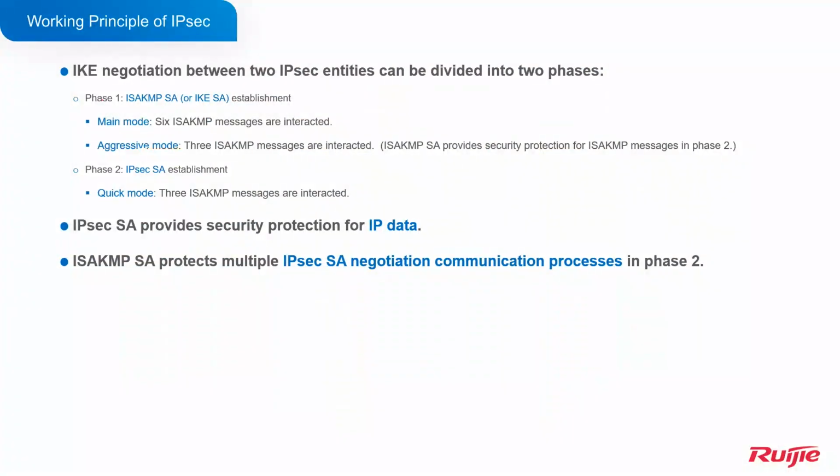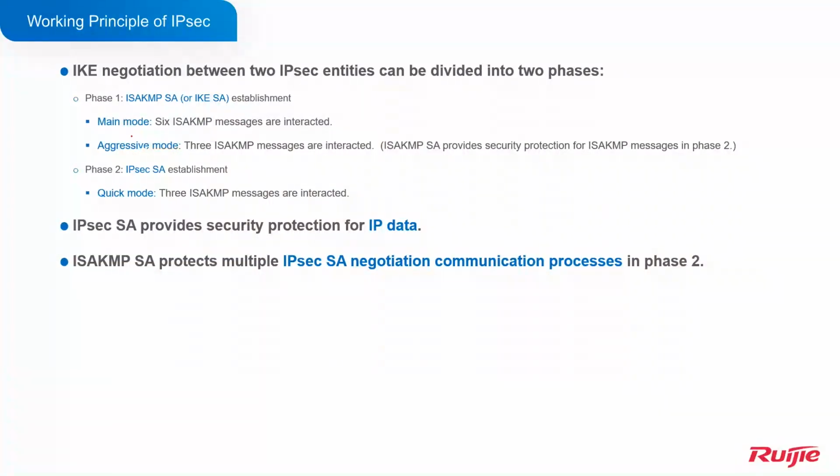And the main working principle of the IKE negotiation is that between two routers, or maybe layer 3 devices, we will provide 2 steps. The first one, we have to establish the IKE SA.